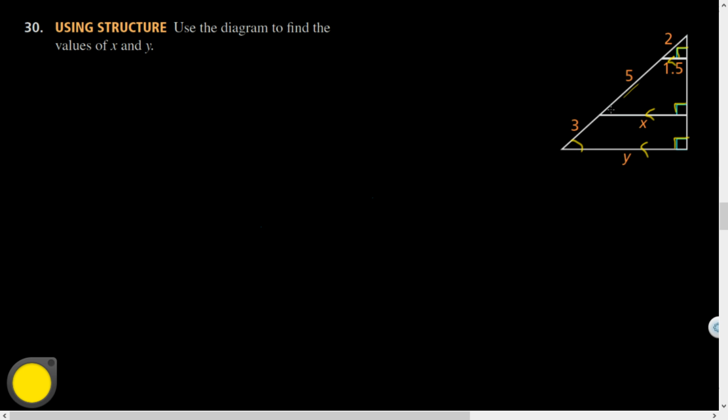And then by corresponding angles theorem, all of these angles are the same. And then by angle-angle, all three of those triangles are now going to be similar to each other.